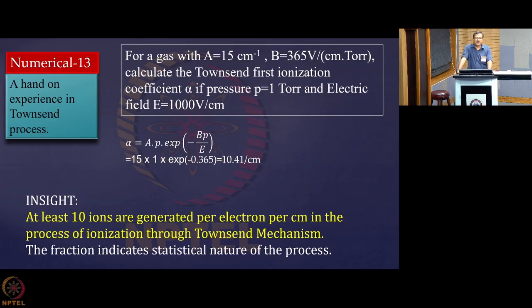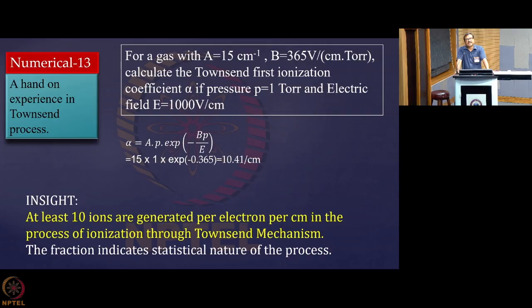If pressure is equal to 1 torr and an electric field of 1 kilovolt per centimeter is applied, you need a high voltage for the breakdown to take place. Then what will be alpha, the number of ionizations that will take place per centimeter?